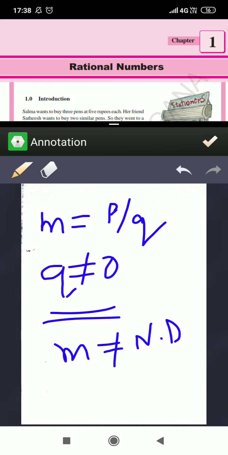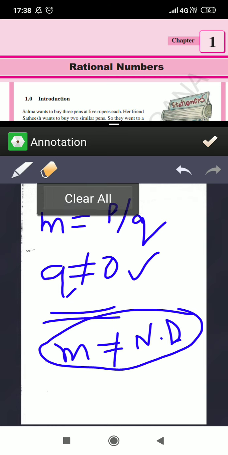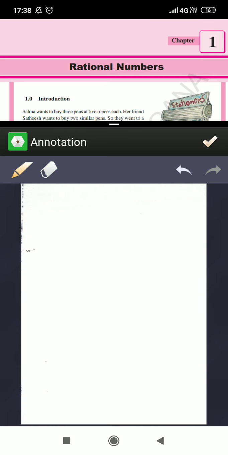For every value of q, for any p value, you will get m as defined. So remember the things which you have in this.